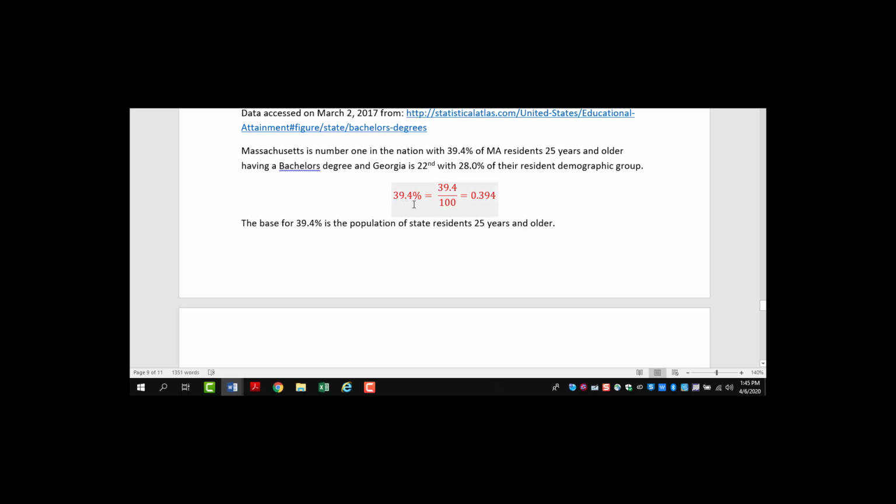So 39.4% is the same thing as 39.4 over 100, which is the same thing as 0.394. The base for 39.4%, this number here, is the population of state residents 25 and older. This one right here. There's 39.4 people with a college degree for every 100 people 25 and older.